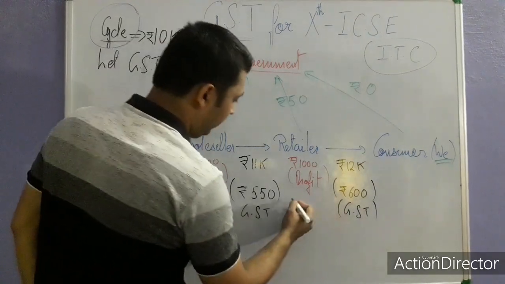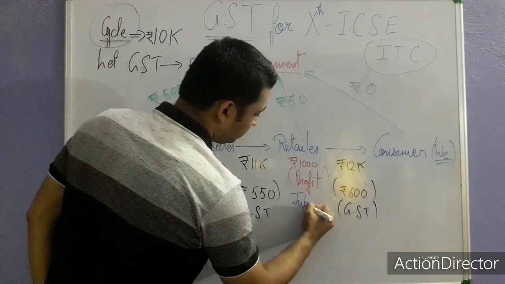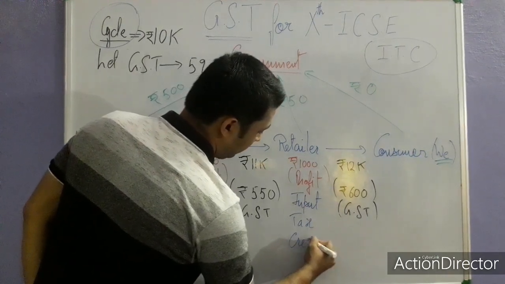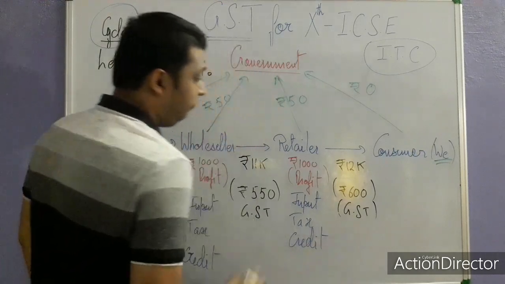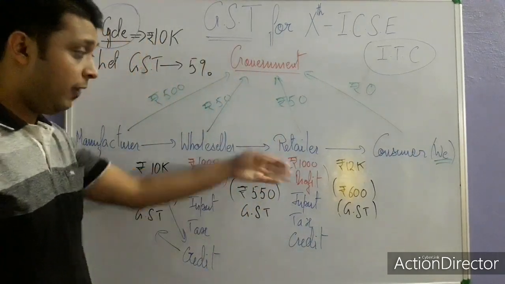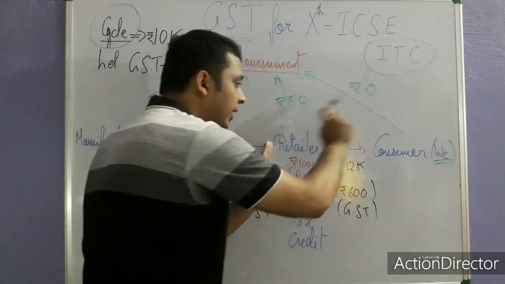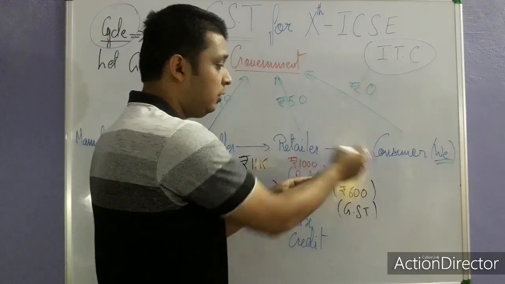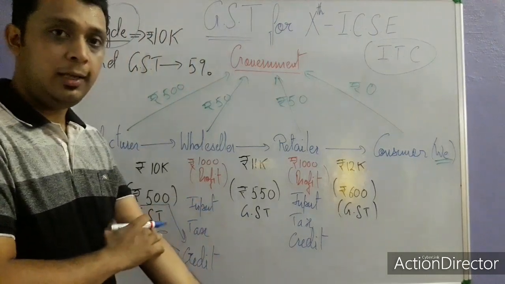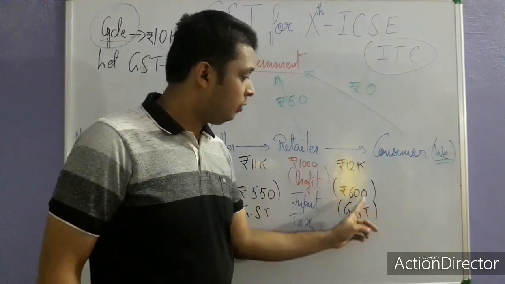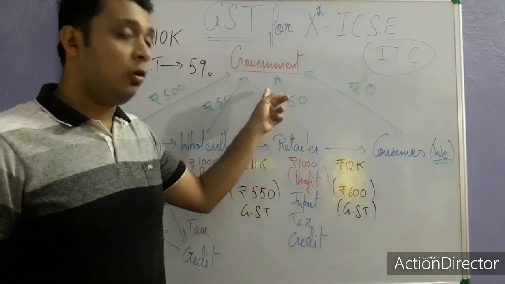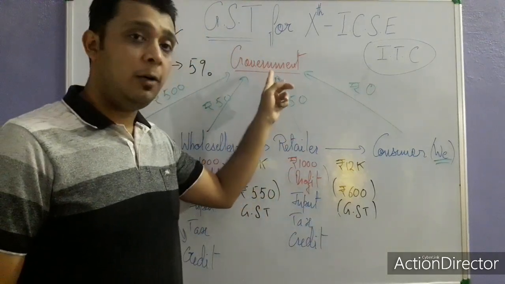Similarly, let me repeat again, the input tax credit for the retailer. Now why for the retailer? Because he is again selling the bicycle at a profit of 1000 at a price of 12,000. And now he is getting rupees 600 as GST. So will he pay rupees 600 to the government as GST?